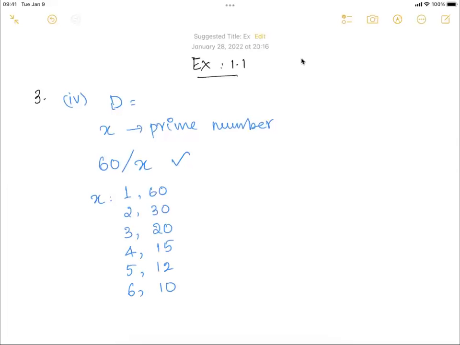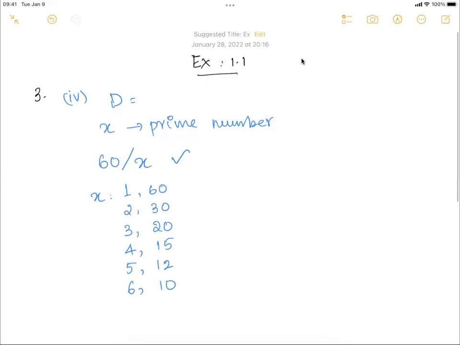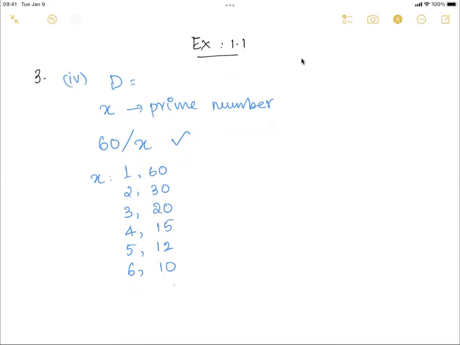And 60 is not divisible by 7, 8, or 9. And from 10 all the way to 60, we have basically covered the factors. So these are all the possible divisors of 60.